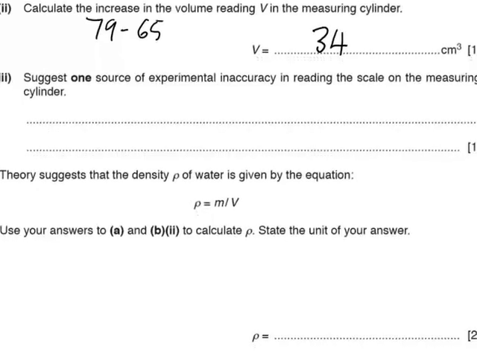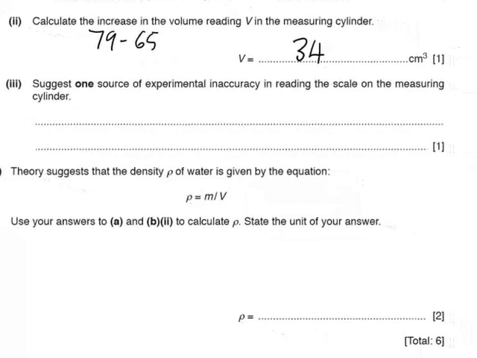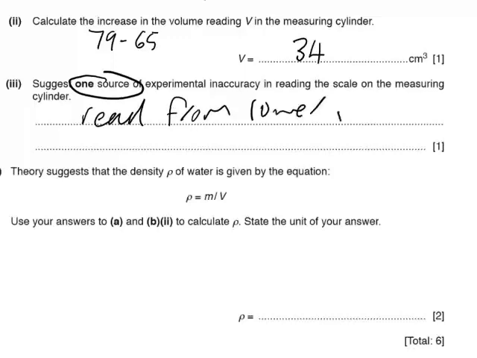Suggest one source of experimental inaccuracy in reading the scale on the measuring cylinder. Now, source of experimental inaccuracy, basically it will be one of the possible errors that can be caused by a human. Normally they don't read from the lower meniscus or the eye level.